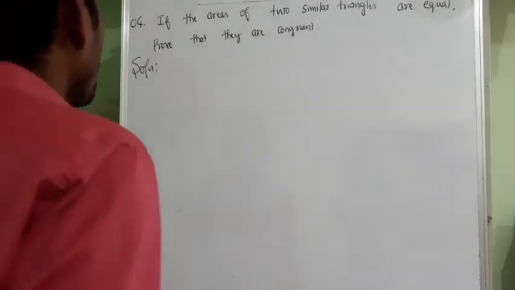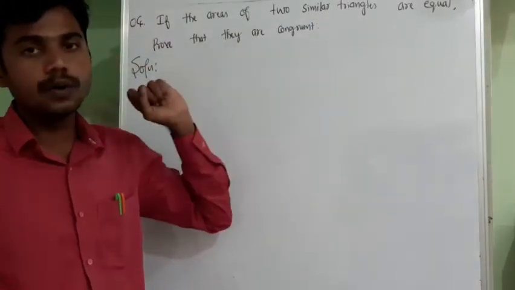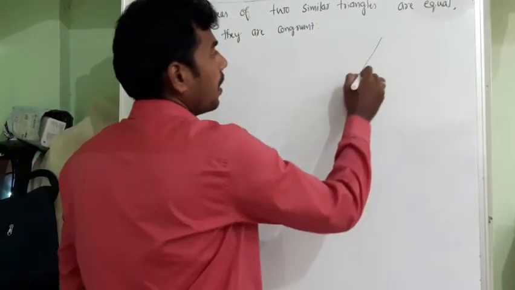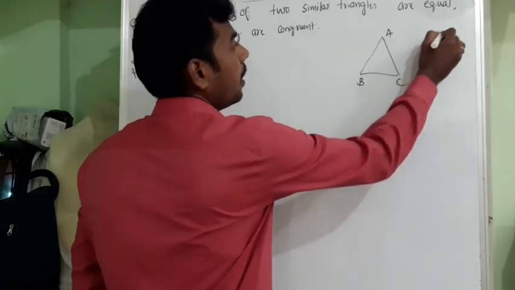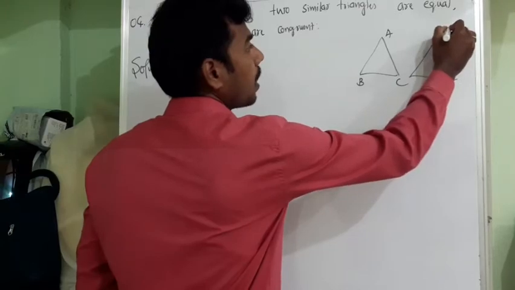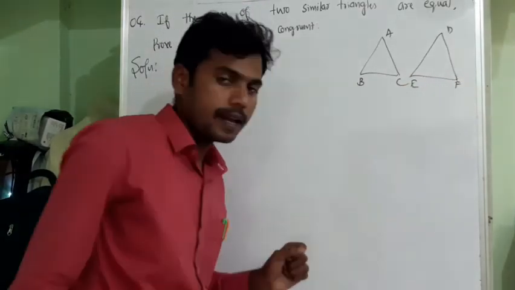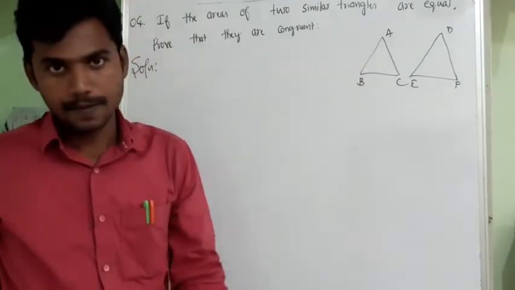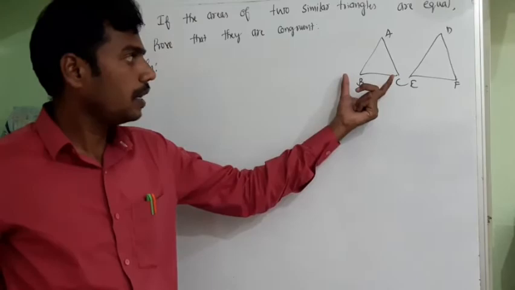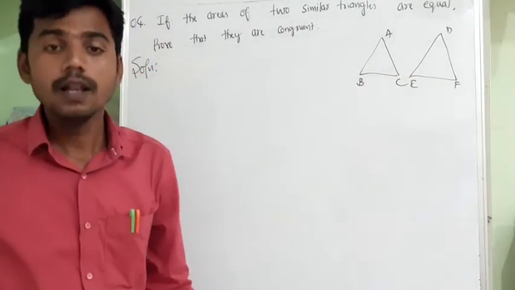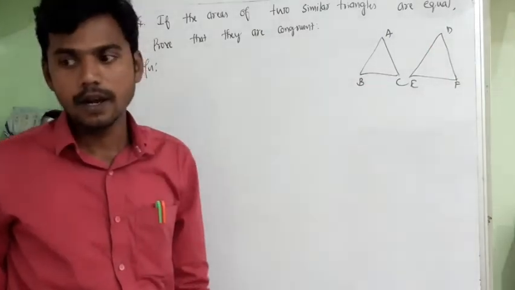Fourth question. If the areas of two similar triangles are equal, then prove that they are congruent. Suppose I take ABC and DEF as the two triangles, and they are similar. It is given that their areas are equal, then we need to show this triangle is congruent to this particular triangle.